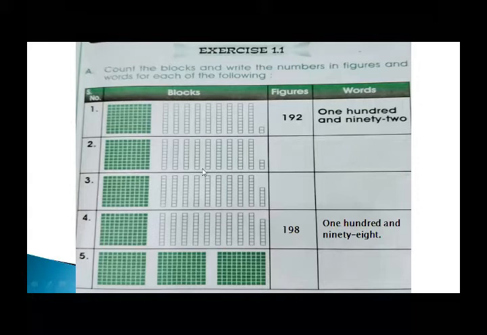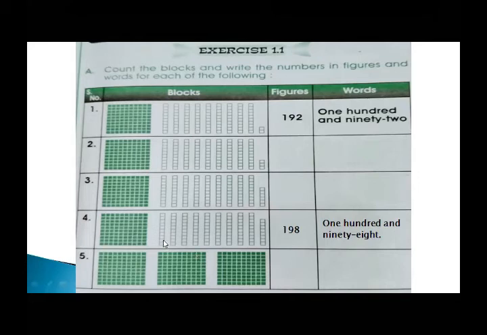In the same way, you will solve question number 2 and question number 3. Question number 4 is also done for you. So here you see a dark green box. This one dark green box consists of 100 blocks. So in the place of 100 you will write 1, because only one dark green box is given here.